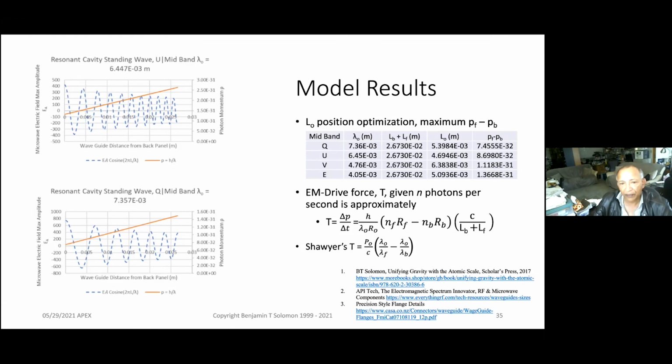Let me move this. Okay. And that's a momentum change between the front and back, and for two photons going in that way. So you get for this L 2.6, that's 2.6 millimeters.